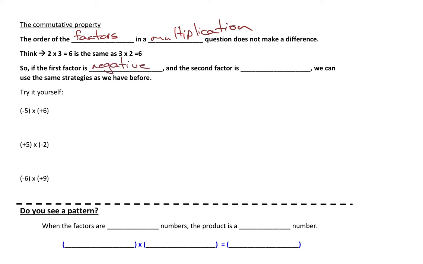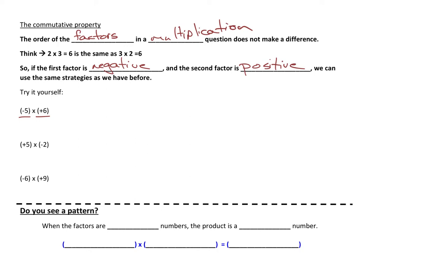If the first factor is negative and the second factor is positive, we can use the same strategies as we did before. Normally we would say negative 5 groups of positive 6, but that's really awkward to try and draw or to use repeated addition, because you're going to have to try and take away 5 groups of positive 6, and you're going to end up drawing a whole bunch of 0 pairs.